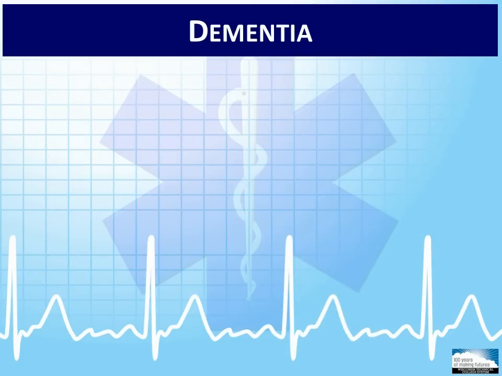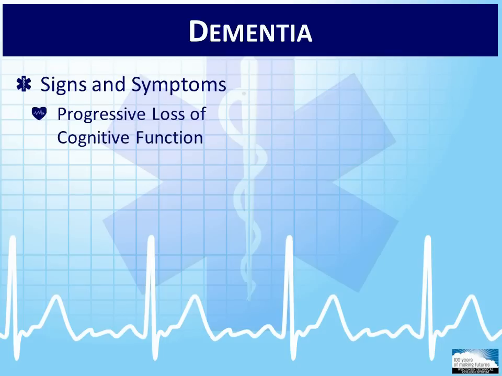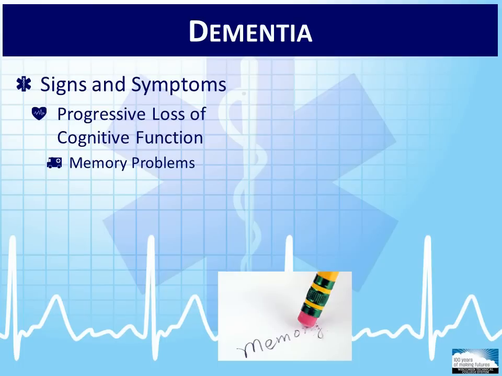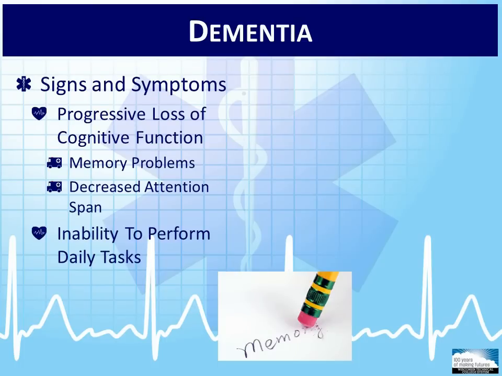The geriatric patient with dementia may present with progressive loss of cognitive function, including short and long-term memory problems and a decreased attention span. He or she may be unable to perform daily routines, have trouble communicating, and may be confused about their environment. Mood swings may include frustration, withdrawal, paranoia, irritability, or restlessness.